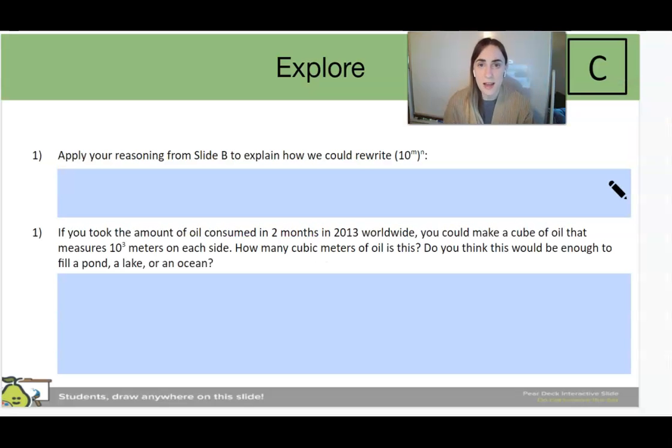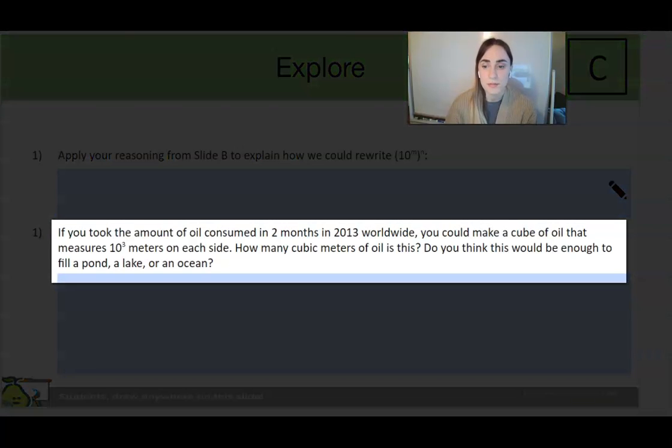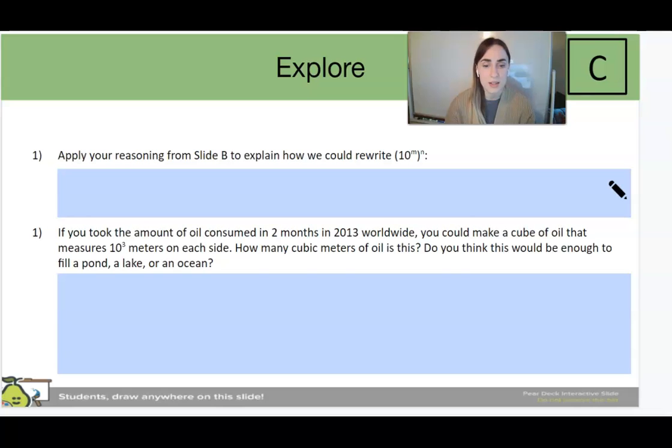Now that we've spent some time really deeply thinking about our warm-up and the context of measuring the volume of a cube, let's relate that to our Explore section on slide C, where we have a second problem that talks about this concept of a cube and finding volume. This problem says if you took the amount of oil consumed in 2 months in 2013 worldwide, you could make a cube of oil that measures 10 to the third power meters on each side.